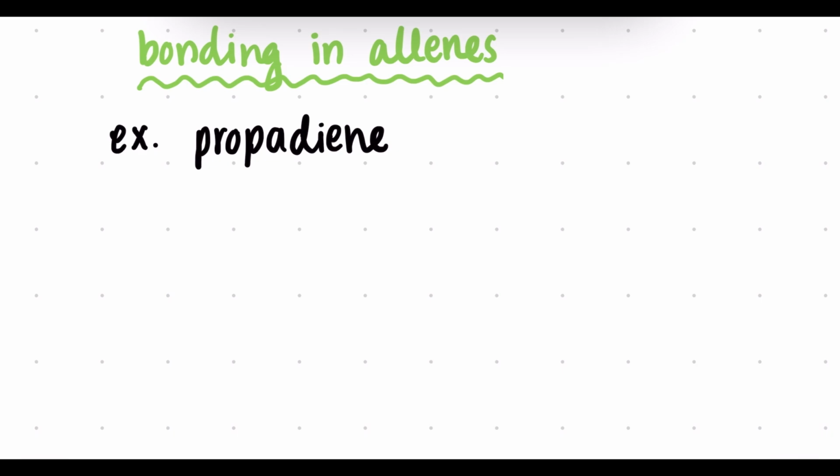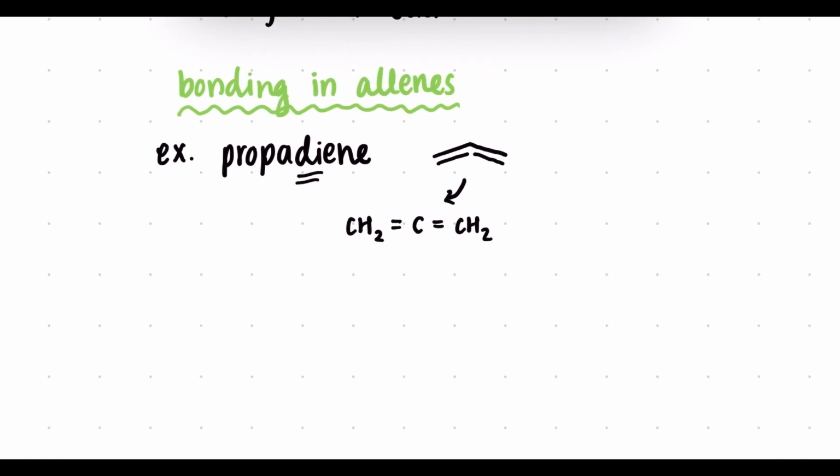But how many double bonds is given by this di here? That means there are 2 double bonds. So this compound is most likely this. But if we were to draw this in the structural way, CH2, double bond C, double bond CH2. So that's what we're dealing with here.